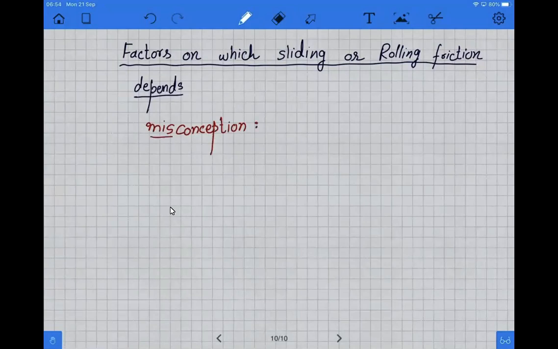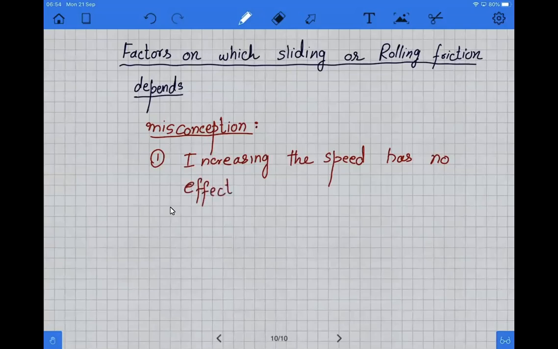The first misconception that people have: increasing the speed has no effect at all on the sliding or the rolling friction.